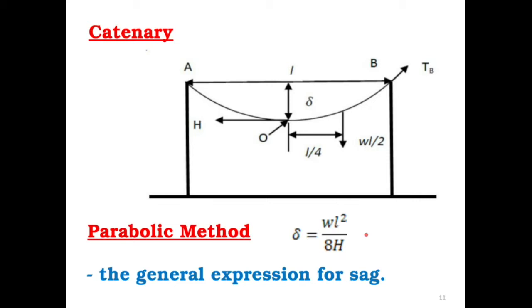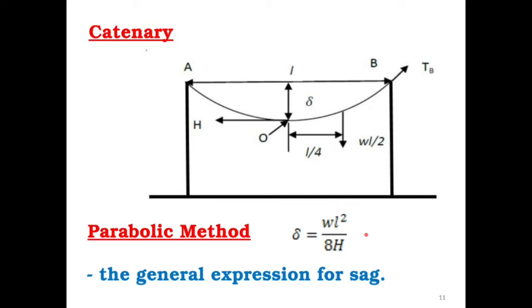Copper, because its density is higher than the density of aluminium. So when we use copper, it will have more sag for the same span length L. If we use aluminium, then we will have less sag as compared to copper.